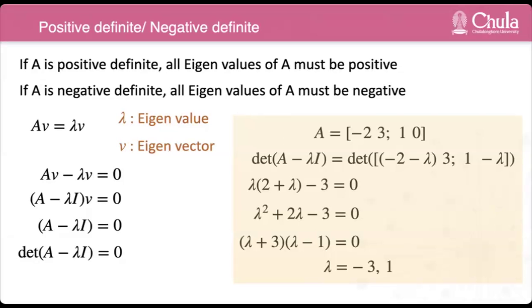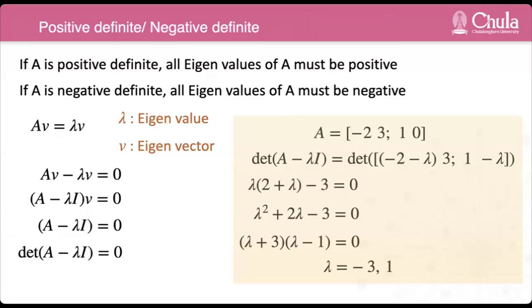Then the determinant of A minus lambda I is the determinant of the first row minus 2 minus lambda, 3, and the second row is 1 and 0 minus lambda, which is minus lambda, okay. And the determinant of this one is lambda times (2 plus lambda) minus 3 equals 0, okay?